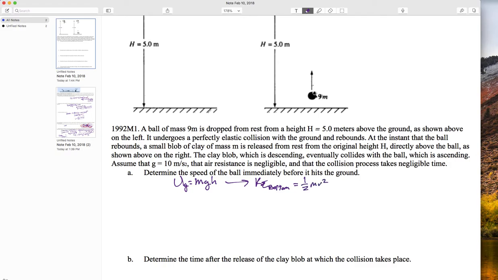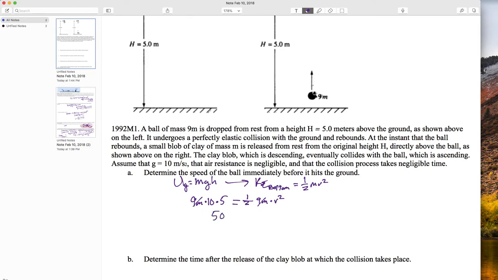So plugging in the values here, we have 9m times 10 times 5, and that's equal to 1/2 of 9m times v squared. The 9m's cancel.